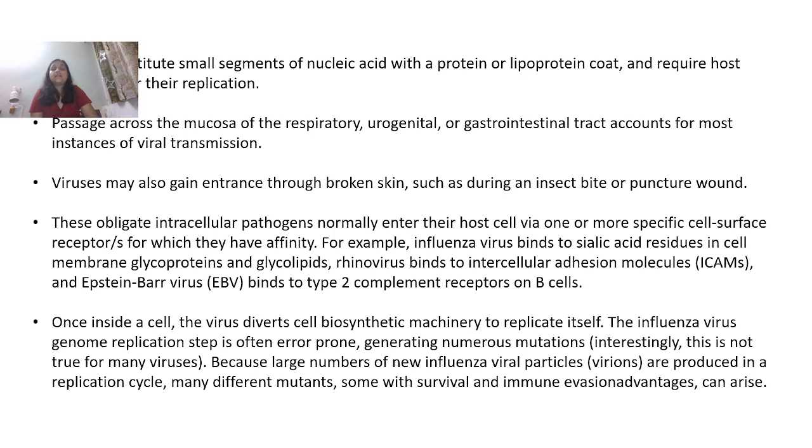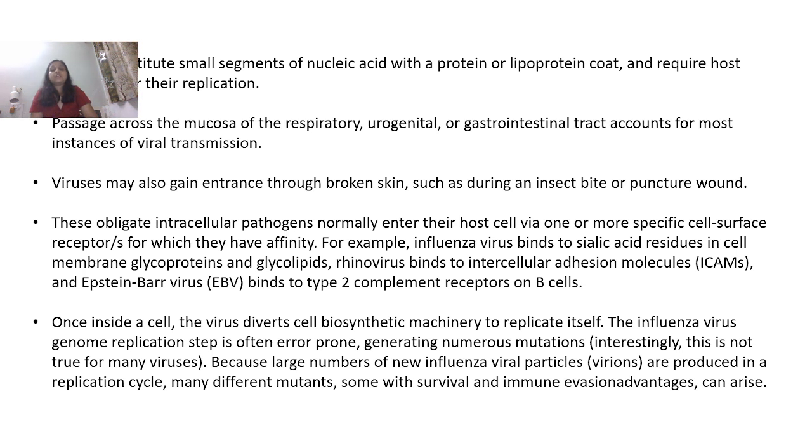They normally can enter the host cell via one or more specific cell surface receptors for which they have affinity. They have some antigens on their surface which bind with different kinds of receptors on the host cell surface, and through that they can enter into the cell.